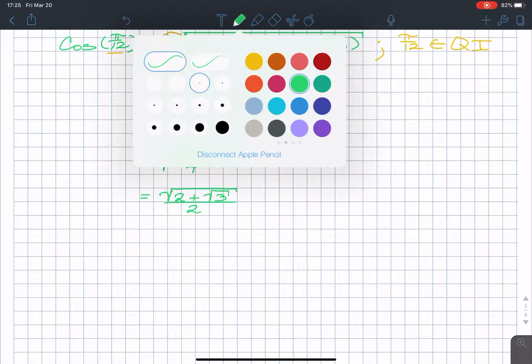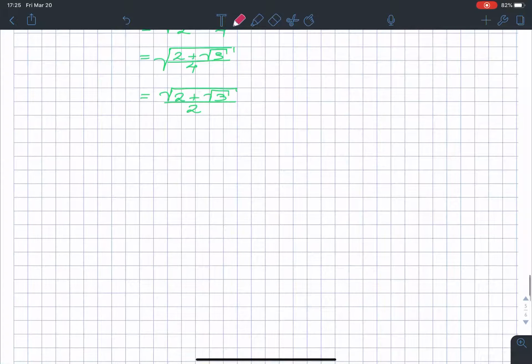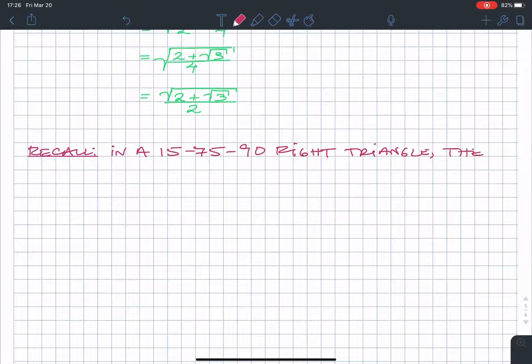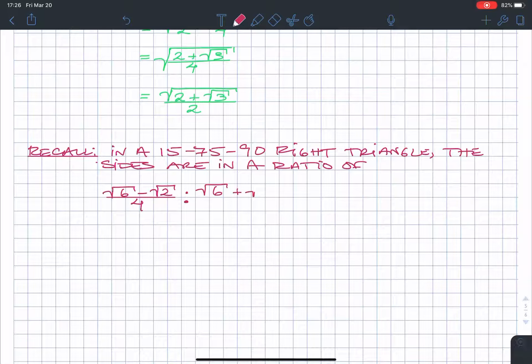Okay, so before I move on, let's recall. In a 15-75-90 right triangle, the sides were in a ratio of square root of 6 minus the square root of 2 all over 4 to the square root of 6 plus the square root of 2 all over 4 to 1.